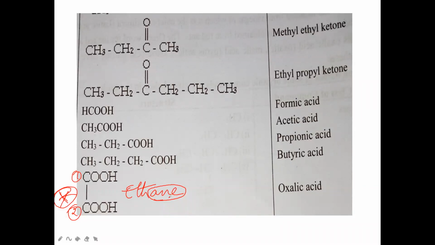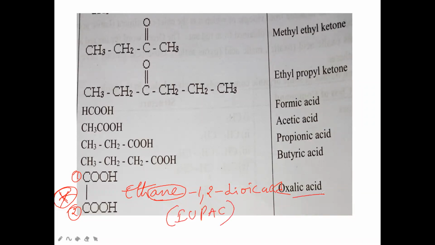So ethane. After that, where is COOH here? At first position, 1 COOH group is there, and at second position, 1 COOH group is there. For the COOH group, what is the secondary suffix? Oic acid. How many times is it there? 2 times, so we have to say di-oic acid. So ethane 1,2 di-oic acid is the IUPAC name.